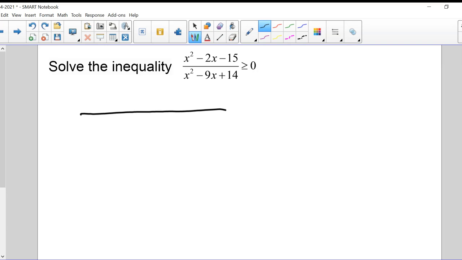So x squared minus 2x minus 15 over x squared minus 9x plus 14. All right, so Karis is about to give us the factors of the top, then I'll ask somebody else for the factors of the bottom.